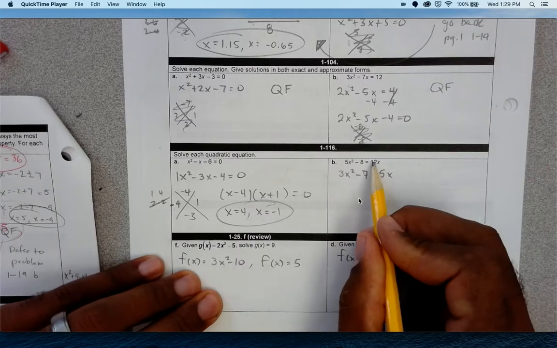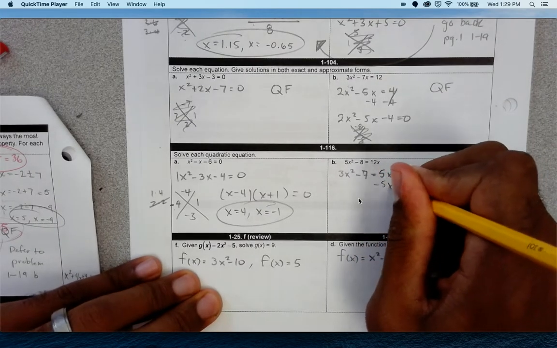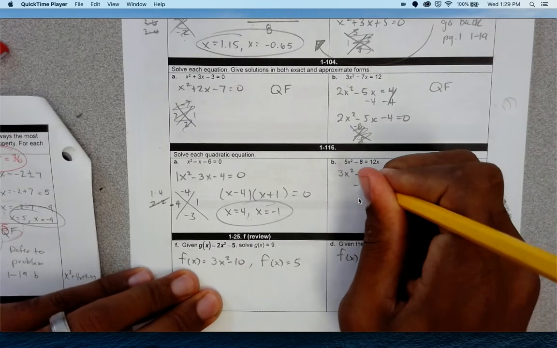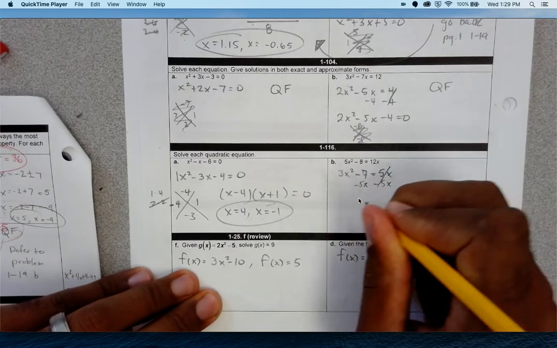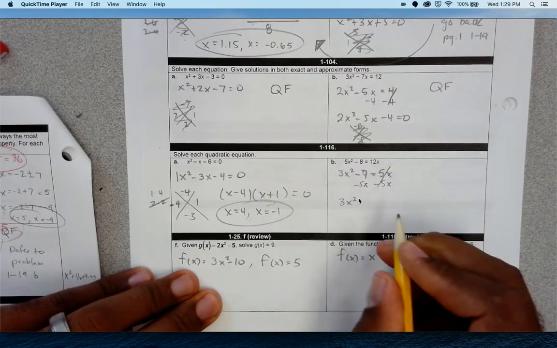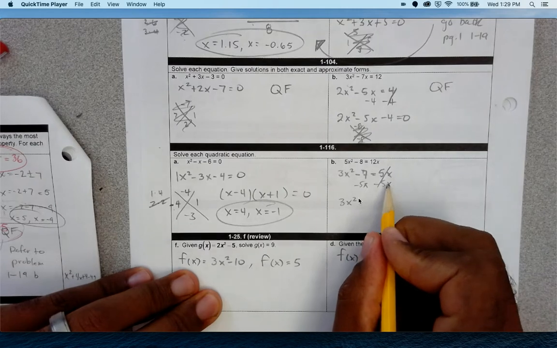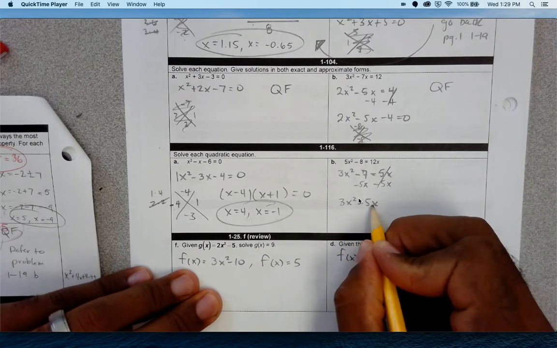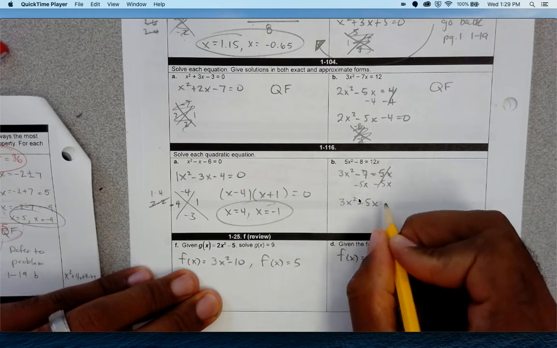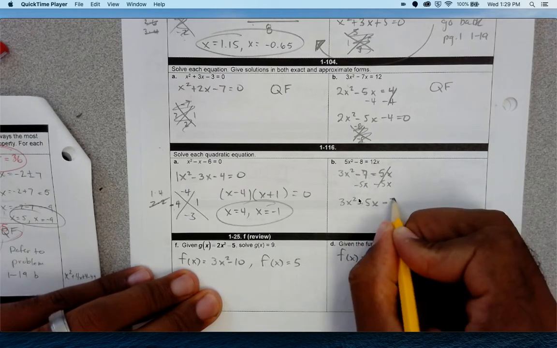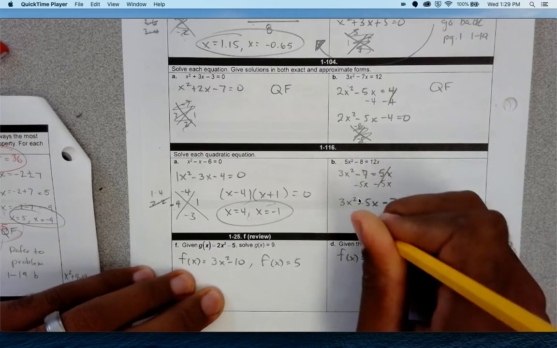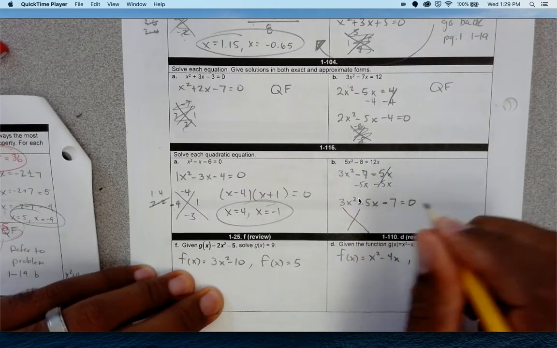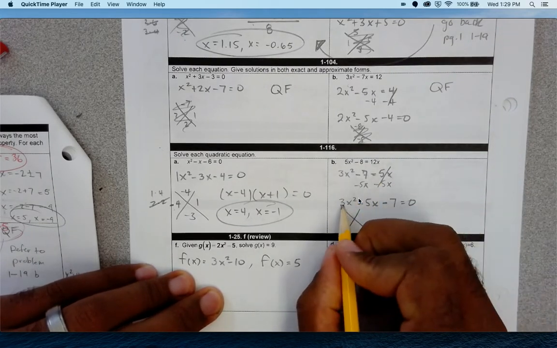Okay, so again, got to have it equal 0, right? So subtract 5x over here, both sides. That cancels out. Now, the term that I subtracted from both sides, that's the x term, so that should go second, just because we want it in that kind of standard form, and then we put the minus 7. So let's go ahead and try the x.